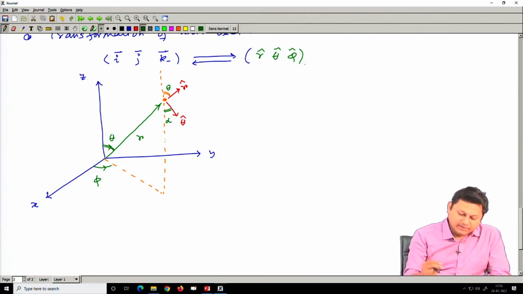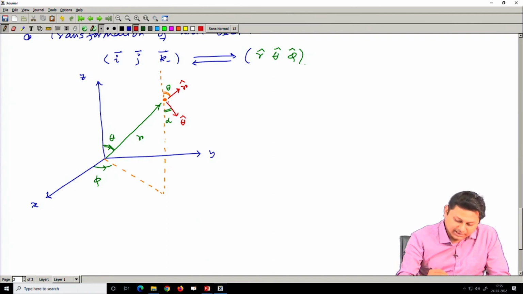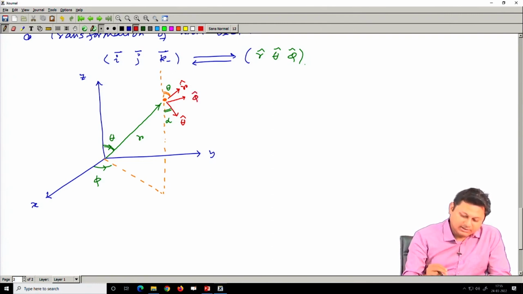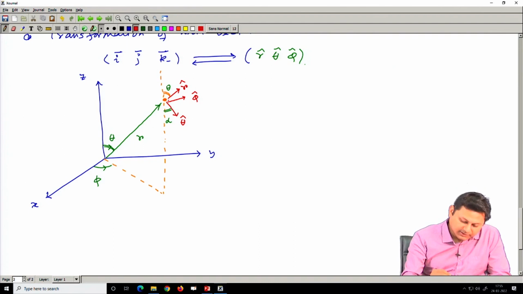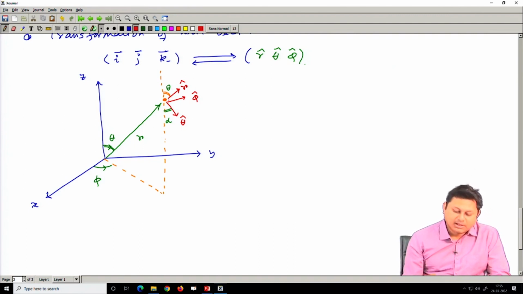And what is the phi unit vector? The phi unit vector should again be tangential. If I have a curved surface here, tangentially it should be along this direction, so that is my phi unit vector. Please note that the r, theta and phi unit vectors form an orthogonal system, so the angles they make at this point are 90 degrees.